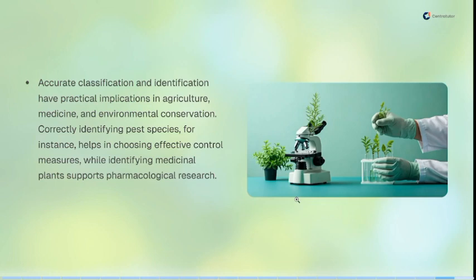So understanding the pest species and being able to identify that particular pest can help to control it effectively. The same thing applies in the field of medicine, by identifying plants and being able to find their pharmacological traits.